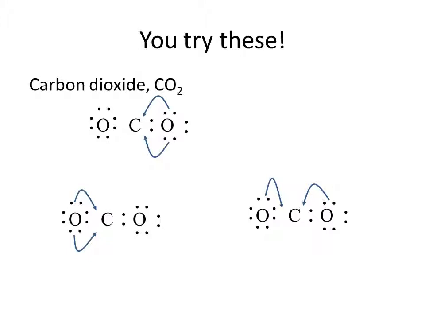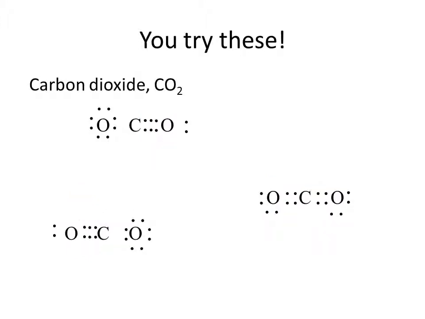There's a lot of possibilities. I'm going to show you what all of those possibilities would look like, and you can see here there would be a triple bond between the carbon and oxygen on the right, or a triple bond between the carbon and oxygen on the left, or two sets of double bonds. These structures are all considered good Lewis dot structures.